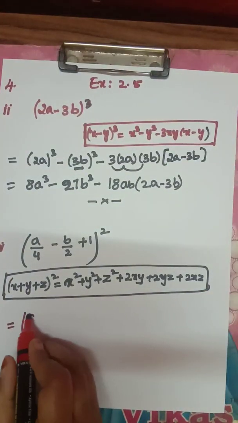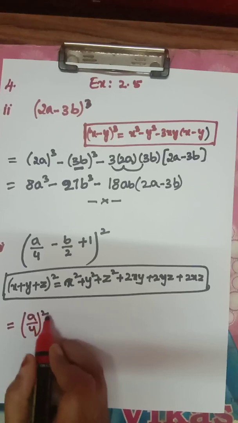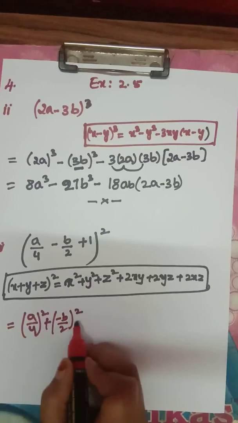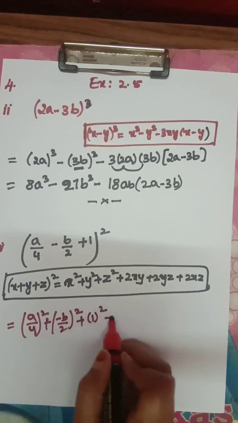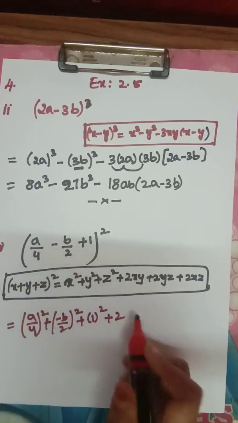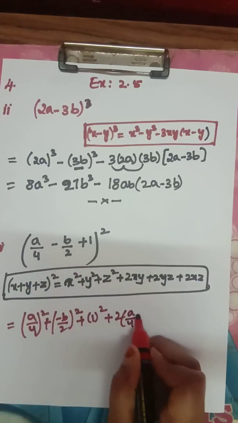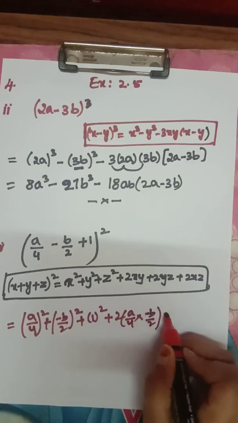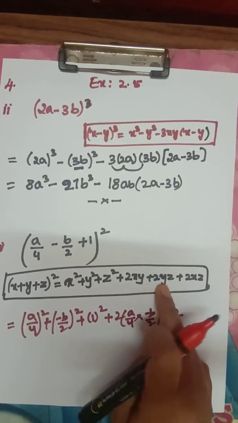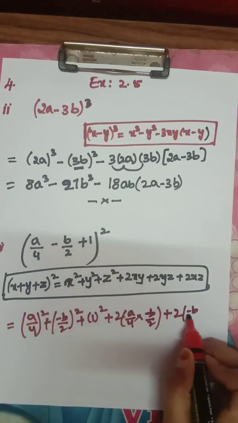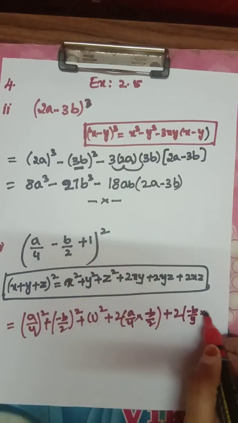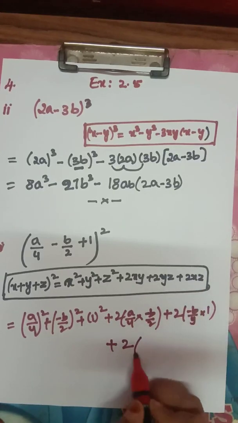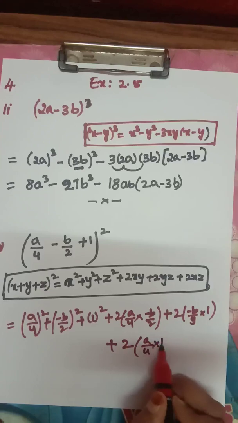So that is (a/4) square plus (-b/2) whole square plus 1 square plus 2 into, in the place of x that is a/4, into, in the place of y -b/2, plus 2 into, again in the place of y -b/2, in the place of z 1, plus 2 into, again in the place of x a/4, into 1.